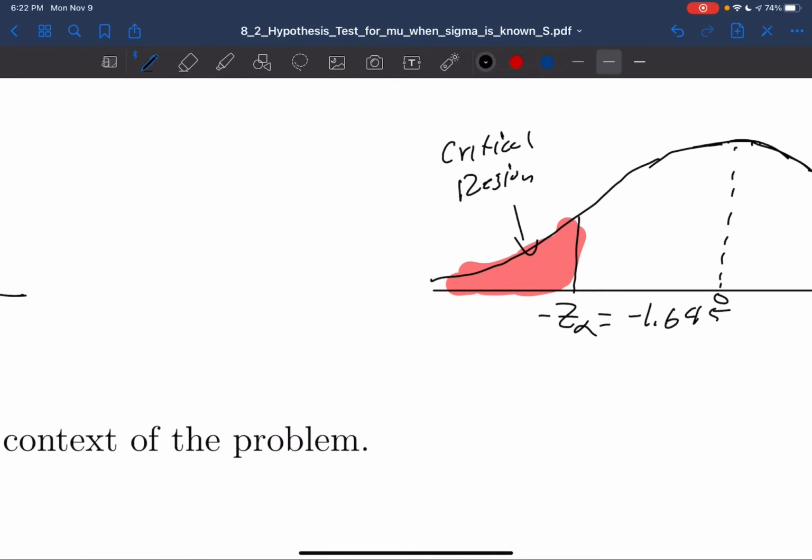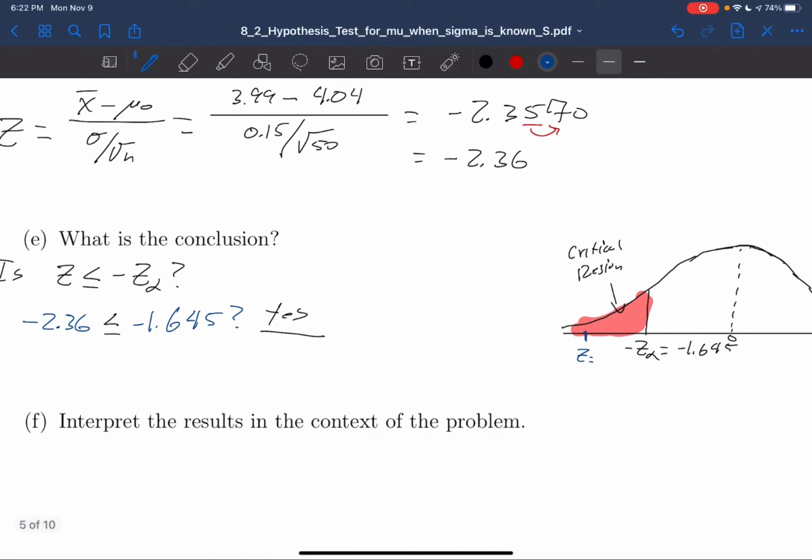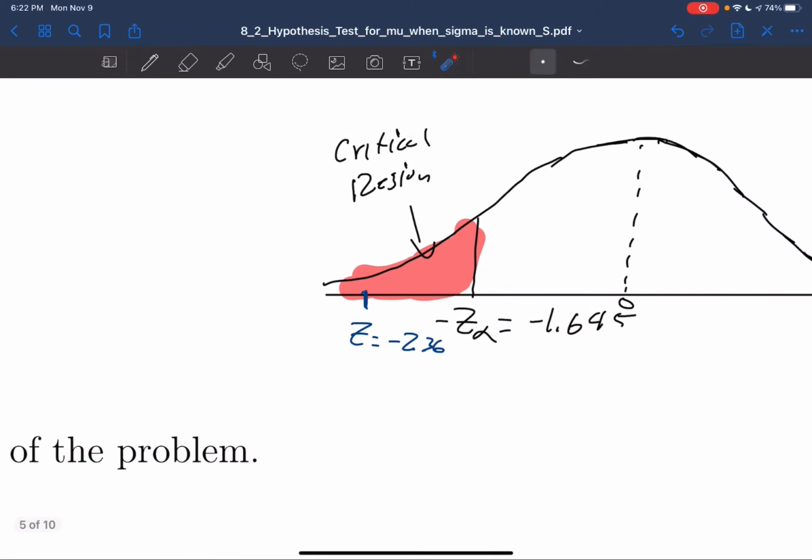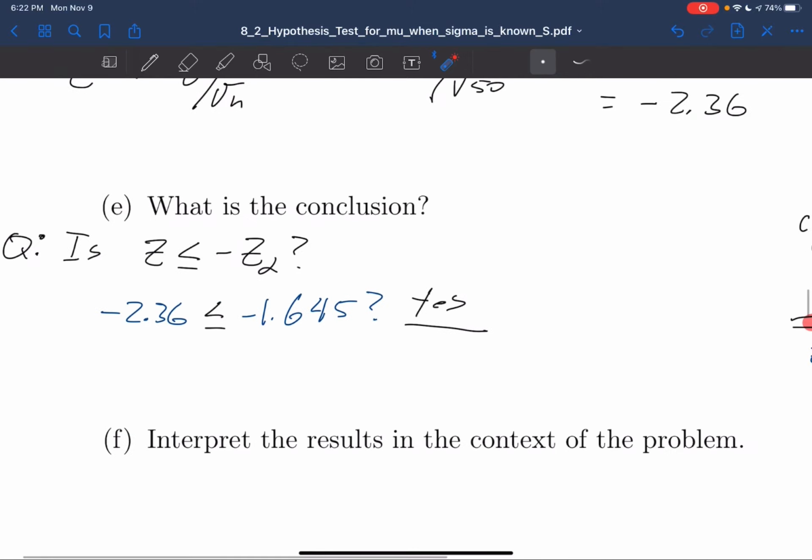And the answer is yes. So our z is somewhere here, because z is equal to negative 2.36, which is less than negative 1.645. So since it's within our critical region, we reject. So thus, the three dots just mean thus, we reject our null hypothesis, H sub 0.